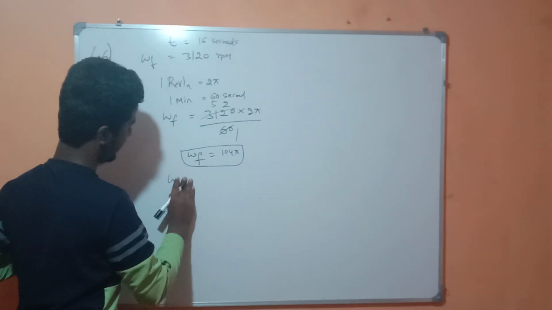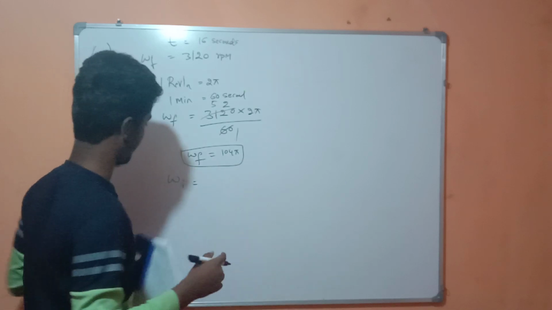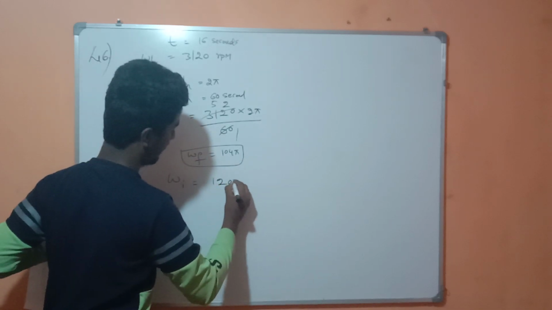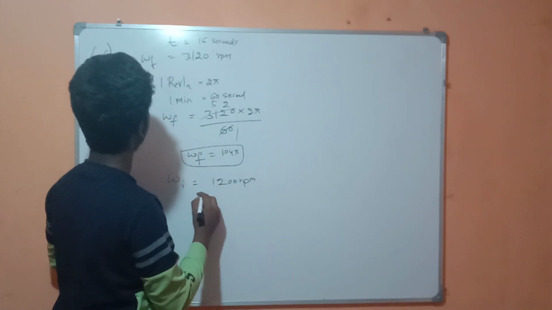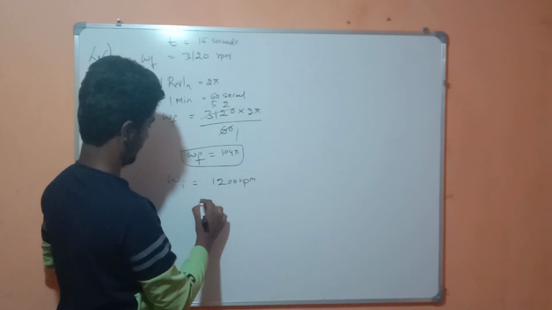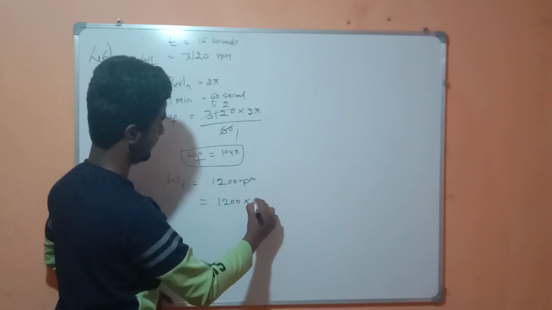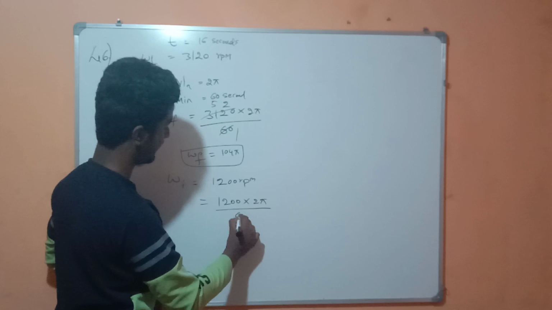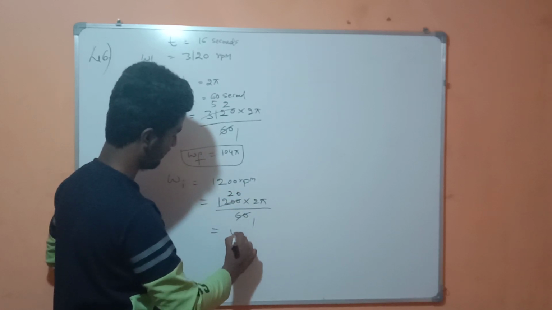Omega initial is given as 1200 RPM. That is 1200 into the same, 2 pi divided by 60. 60 ones are 60, 20 twos, it will become 40 pi.